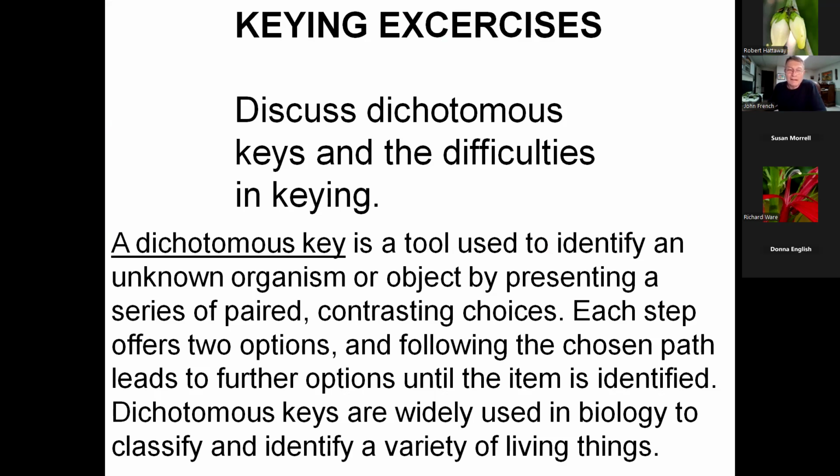It is a tool used to identify an unknown organism or object by presenting a series of paired contrasting choices. Each step offers two options, and following the chosen path leads to two further options until the item is identified. Dichotomous keys are widely used in biology to classify and identify a variety of living things.